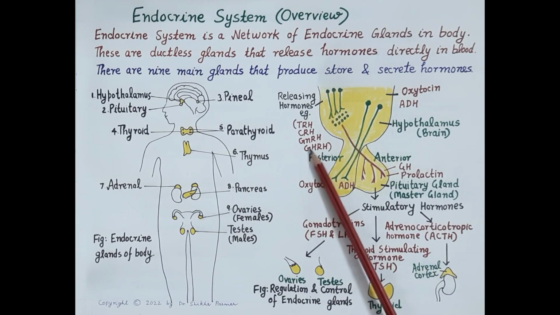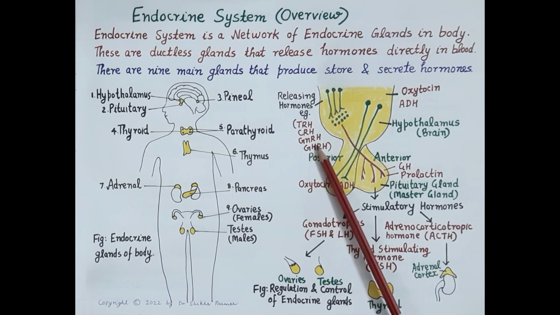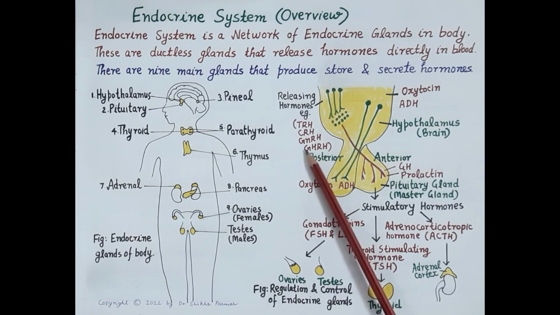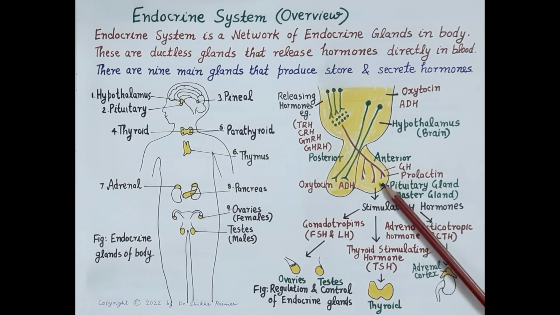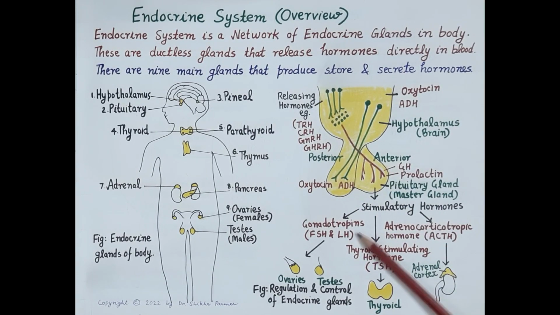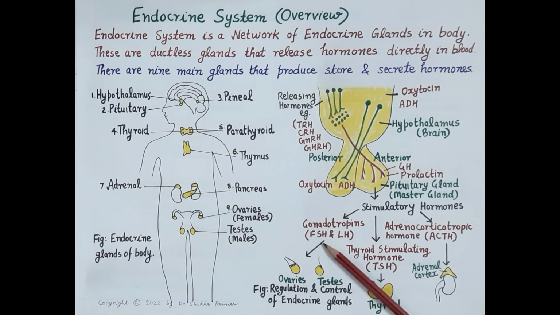Then GnRH, that is gonadotropin releasing hormone. This hormone released by the hypothalamus stimulates the anterior pituitary to produce gonadotropins, namely follicle stimulating hormone FSH and luteinizing hormone, that is LH. FSH and LH further stimulate the ovaries and the testes.